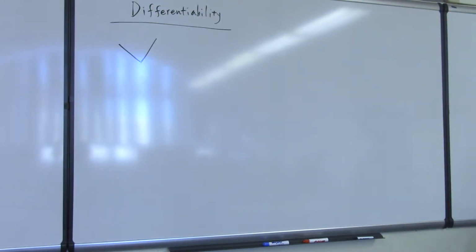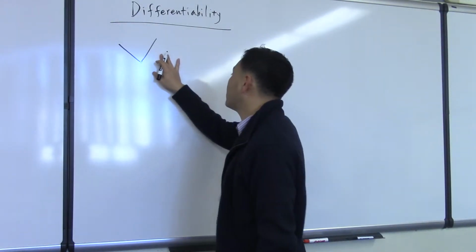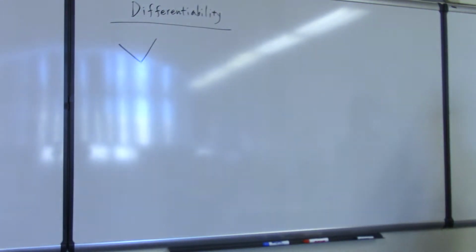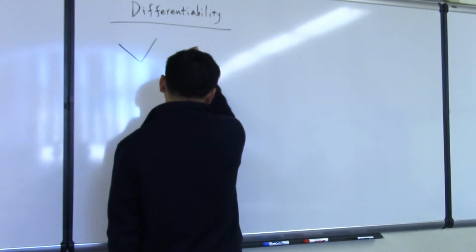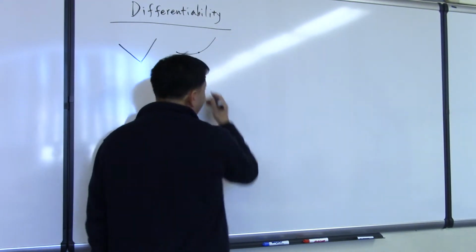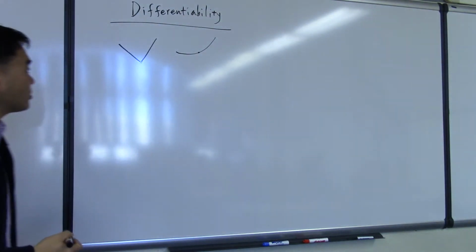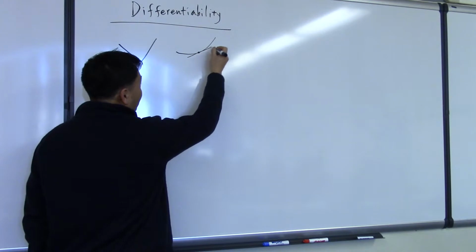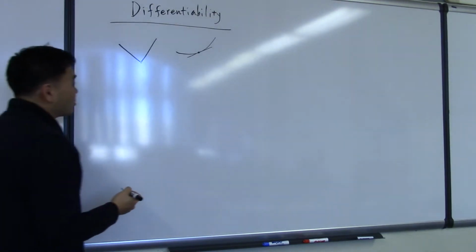Actually, I want to revisit that and tell you more conditions of differentiability. So my question is, we usually say if you have a smoothly varying curve, at any point we can find the tangent line, therefore the slope of the tangent is defined, therefore the derivative does exist, right?